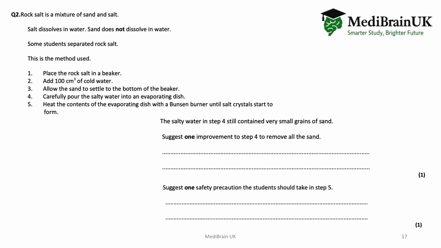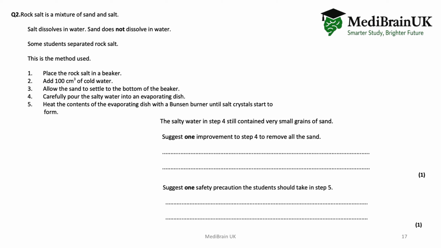Okay. One more question over here. We've got the same method. It says the salty water in step 4 still contained very small grains of sand. Suggest one improvement to step 4 to remove all the sand. So step 4 says carefully pour the salty water into an evaporating dish. Okay, so we've said that the sand has to settle to the bottom of the beaker, and then we're going to just pour the salty water into the evaporating dish.